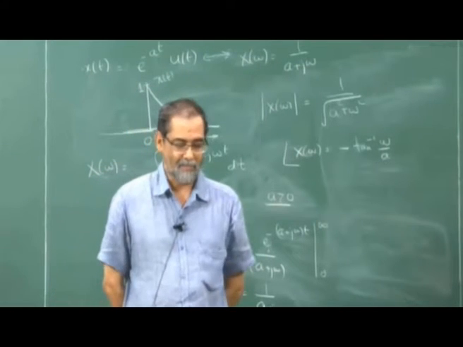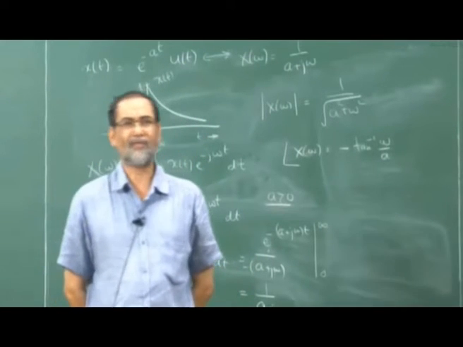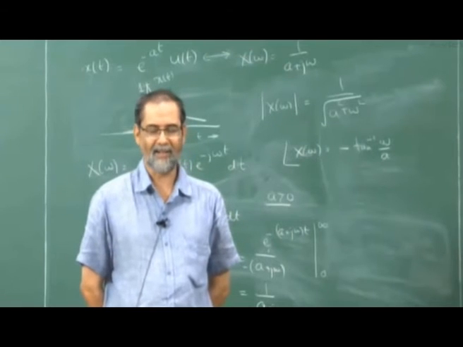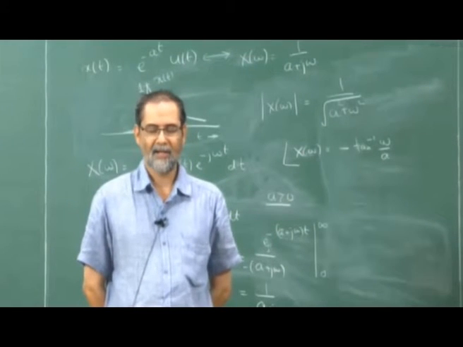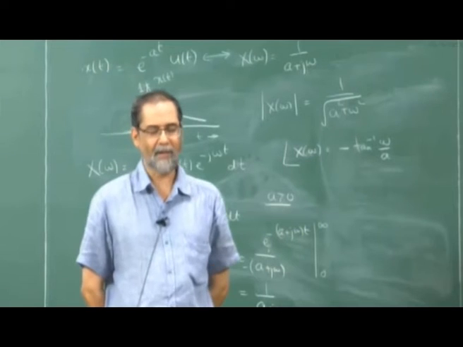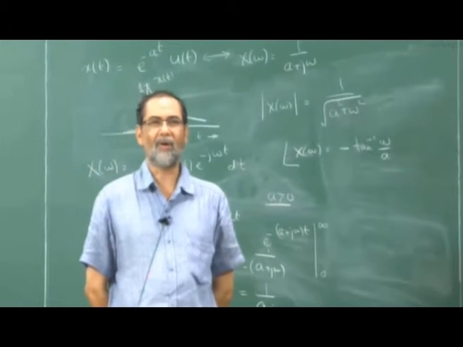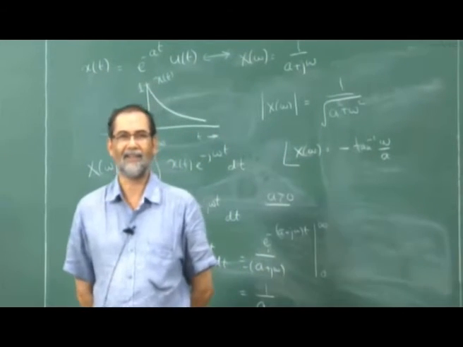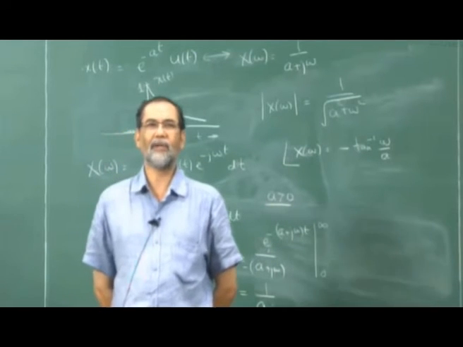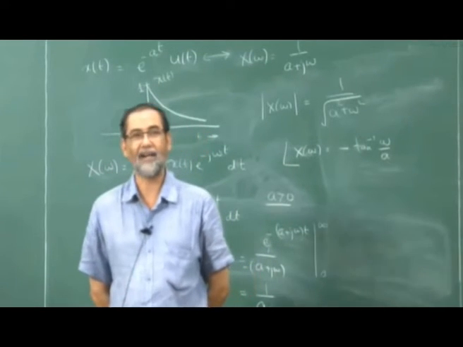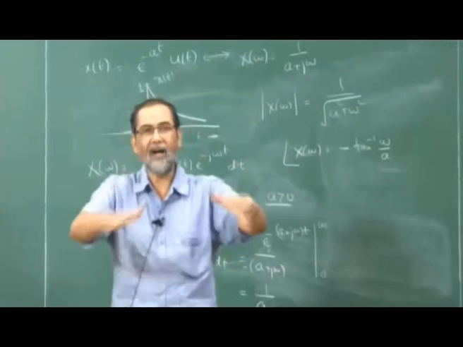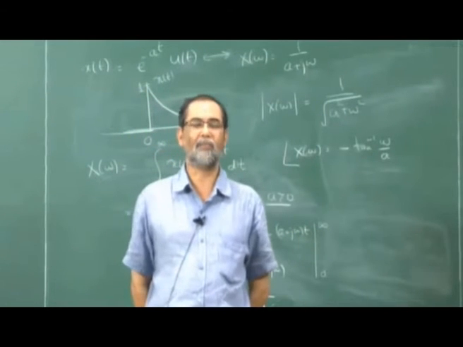As a preview, I can say u of t is not a regular signal. I've said this in the past; let me repeat it here today. We are comfortable with energy signals because they are well behaved signals; they die down as they go towards infinity in both directions.